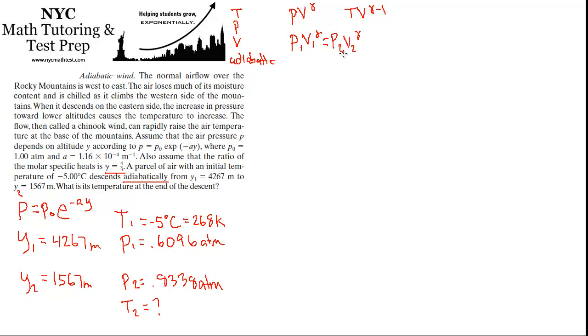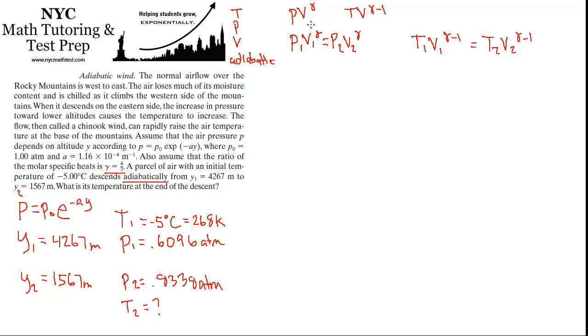If you know any three of those, you can find the fourth. And the same with the temperature and volume: T1 V1 to the gamma minus 1 equals T2 V2 to the gamma minus 1. If you have any three of those, you can find the fourth. But what do we have? We have two pressures and one temperature.